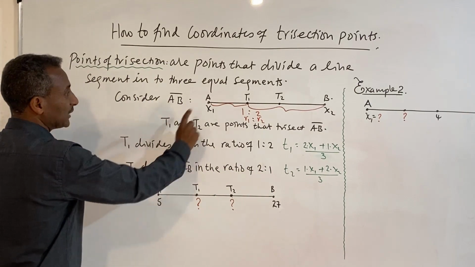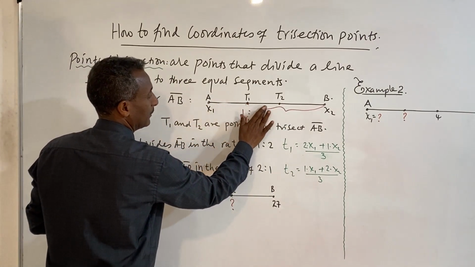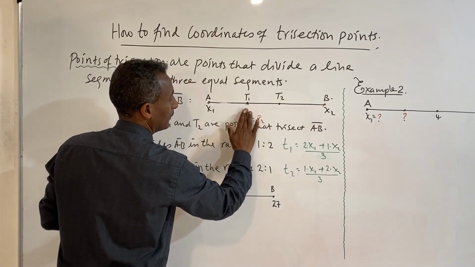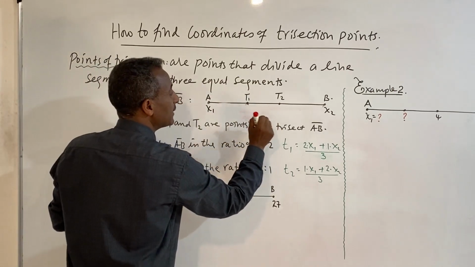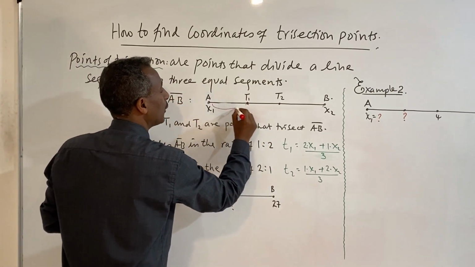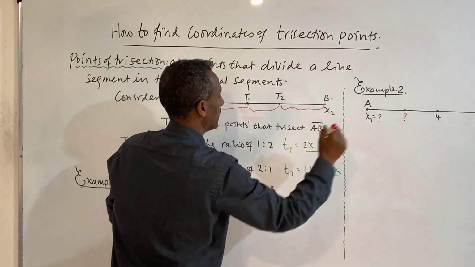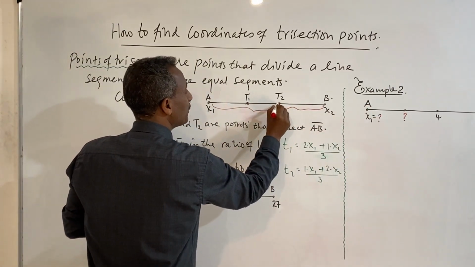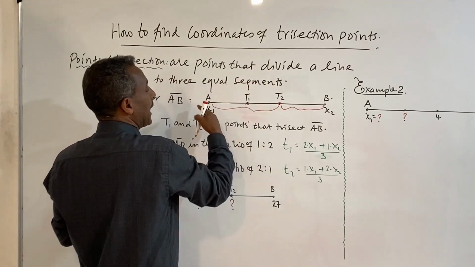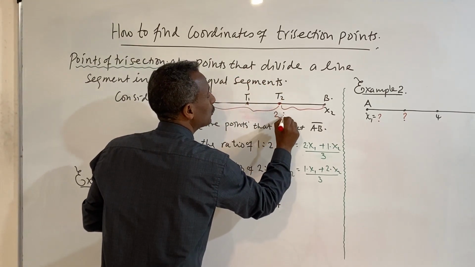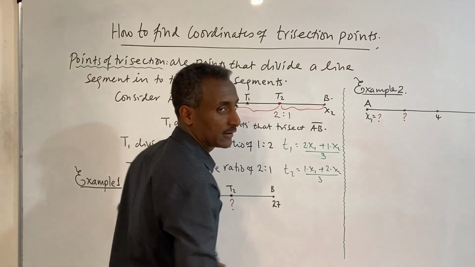Whereas T2, the second point of trisection, divides AB in the ratio of 2 parts to the left and 1 part to the right. So we say that this point of trisection, the second point of trisection, divides AB in the ratio of 2 to 1 because it leaves 2 parts to the left and 1 part to the right.